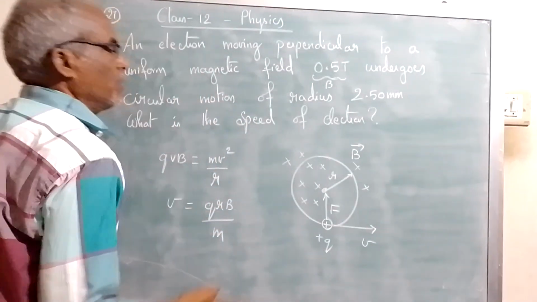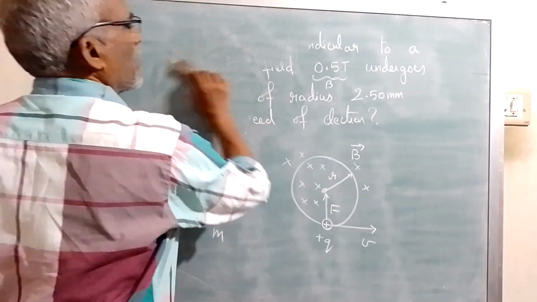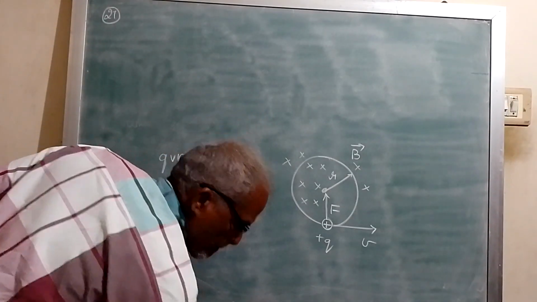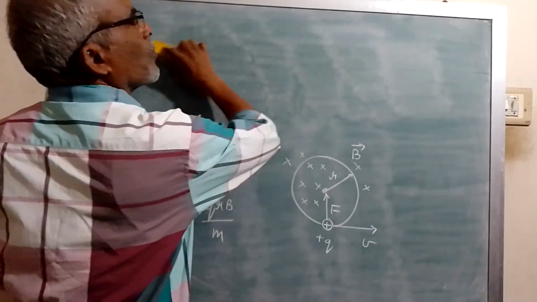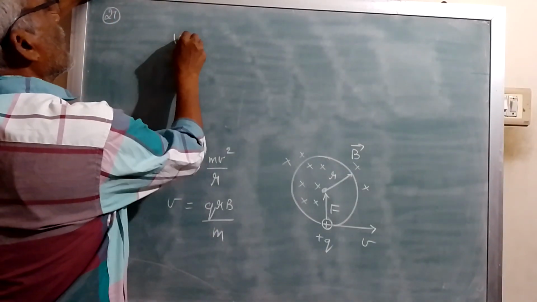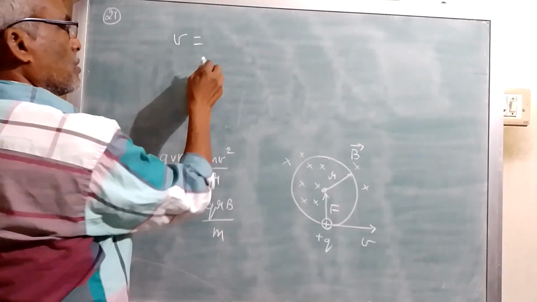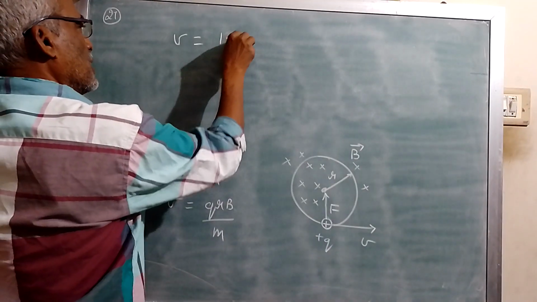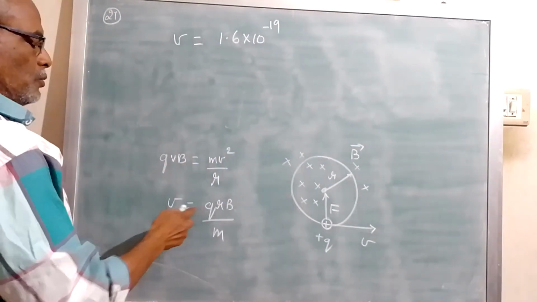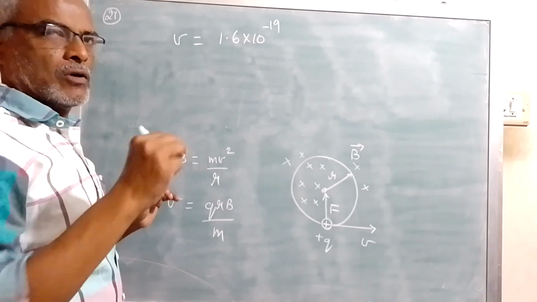The next step: velocity is equal to the charge of the electron, which is 1.6 into 10 power minus 19 coulomb. I am taking only the magnitude, forget about the plus or minus.